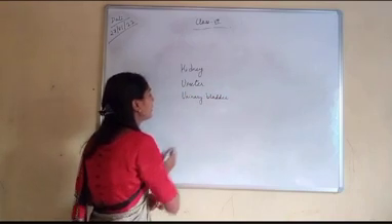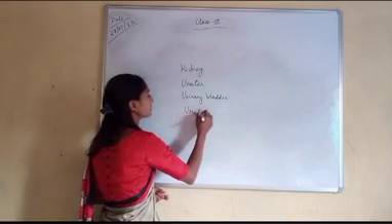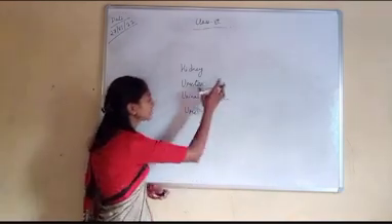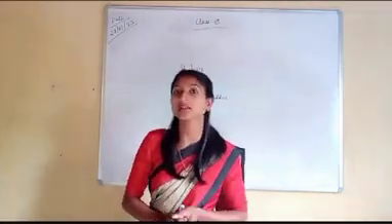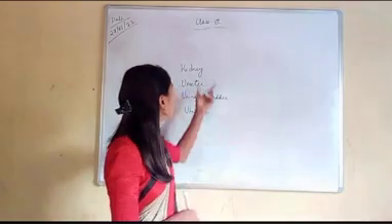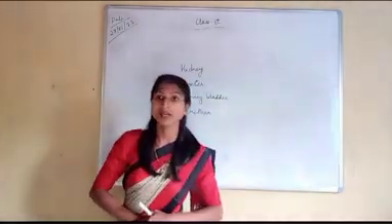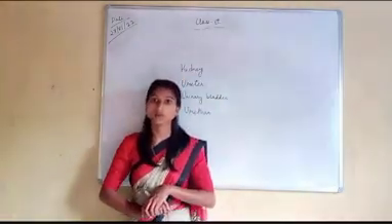And urethra, isn't it? So these were the organs associated with the human excretory system, isn't it? So kidney, it is the main, the most important organ for excretion.